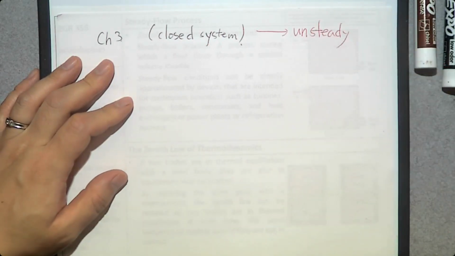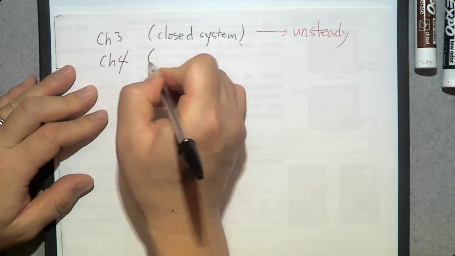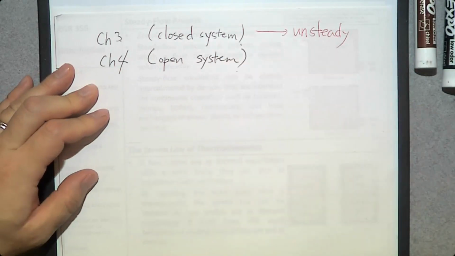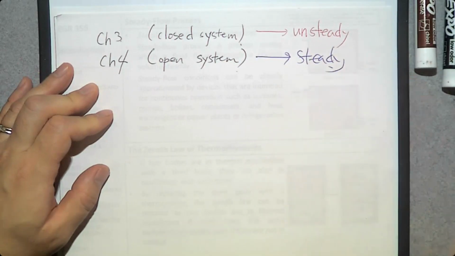In chapter 4, we are going to study an open system, which is usually a steady process. Okay.